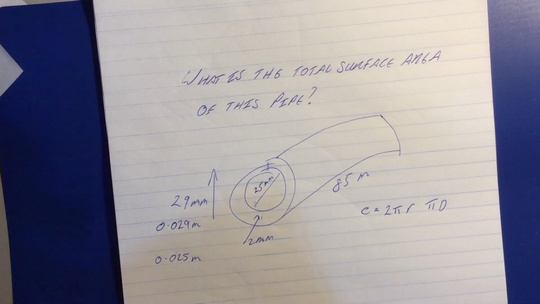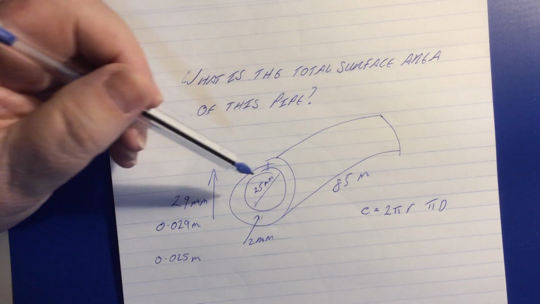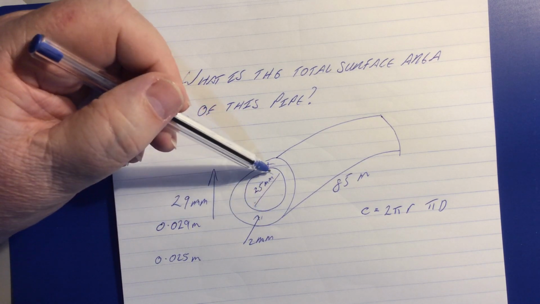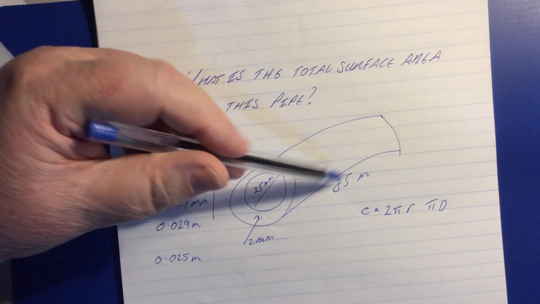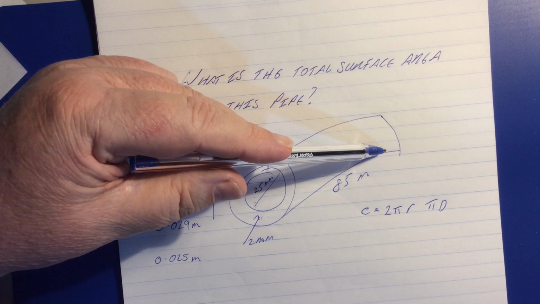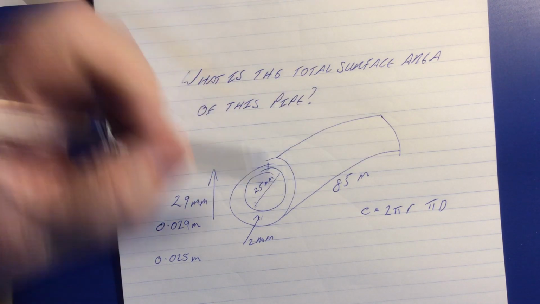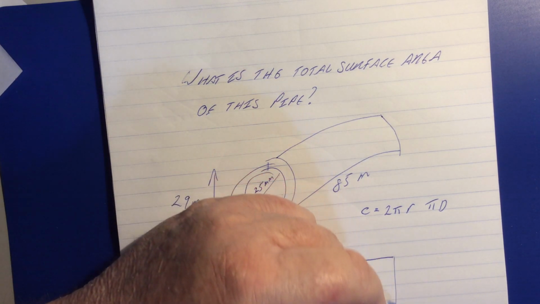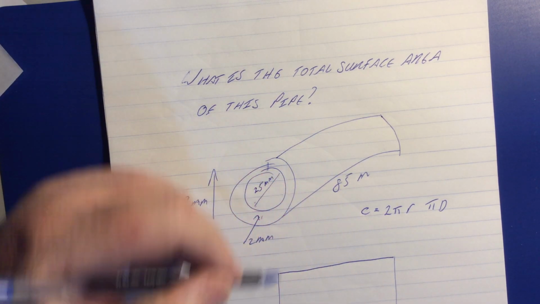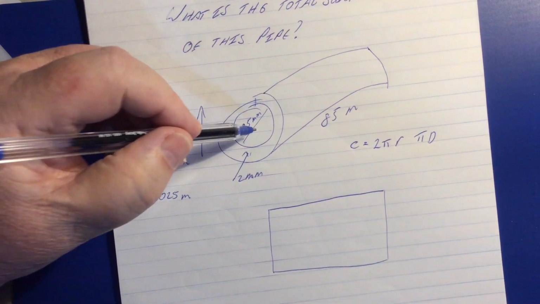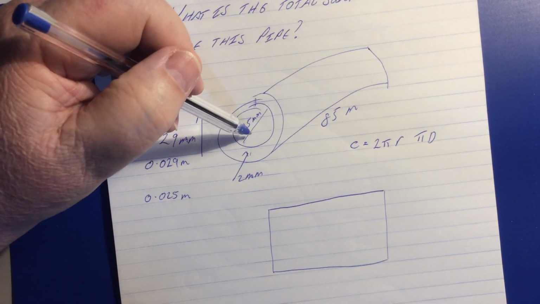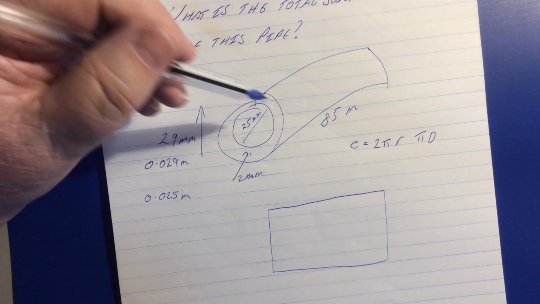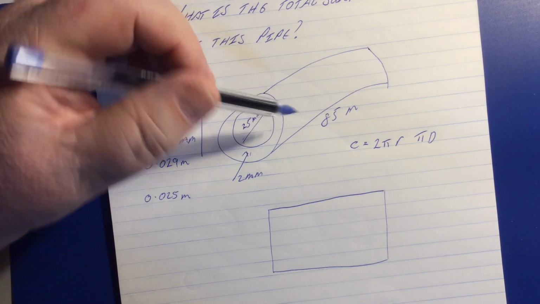Now, why do I need diameters? Because in order to work out the surface area, what I need is the circumference of each of these circles times the length. When you flatten out a circular object without ends on it, and this doesn't have ends, well, it does, but it doesn't, because we've got some other calculations to do.